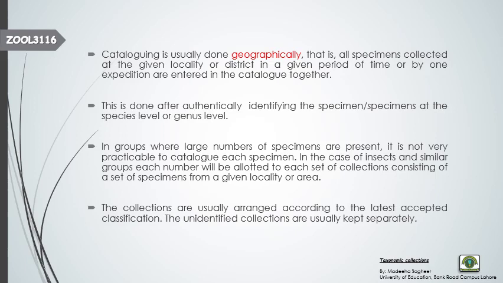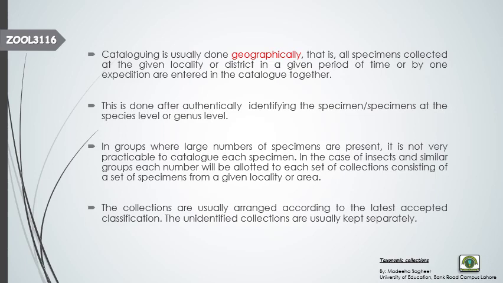Now, cataloging is always done after authentically identifying the specimen. Once the specimen has been identified, that is, taxonomically classified to its genus and species level, then it will be cataloged. Otherwise it will remain under the study of taxonomy.